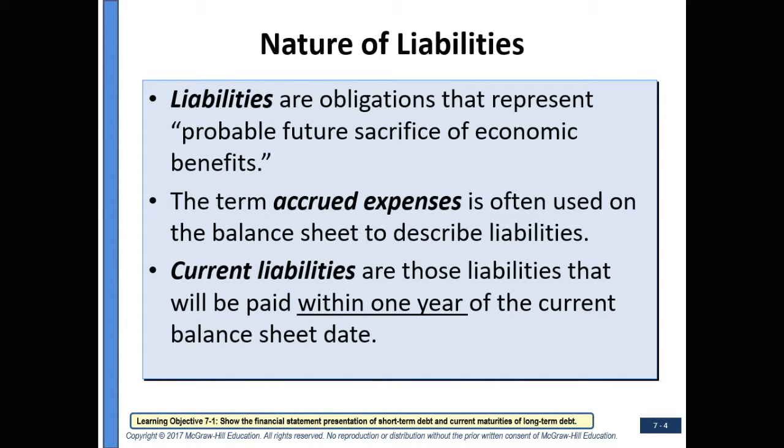First and foremost, a liability is the obligation of a probable future sacrifice of economic benefits. That is the definition of a liability. That means that the organization owes this obligation to another entity or person.